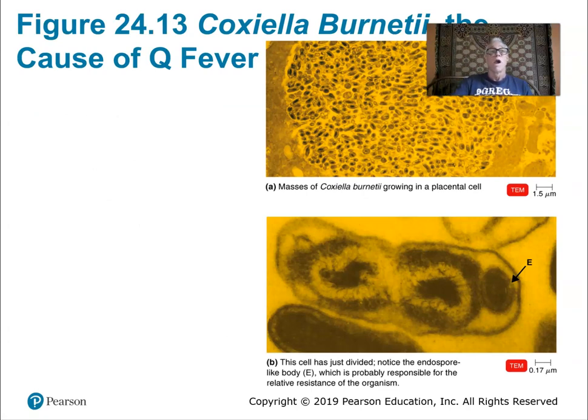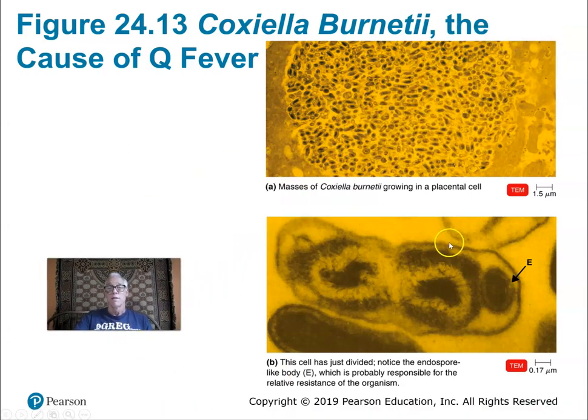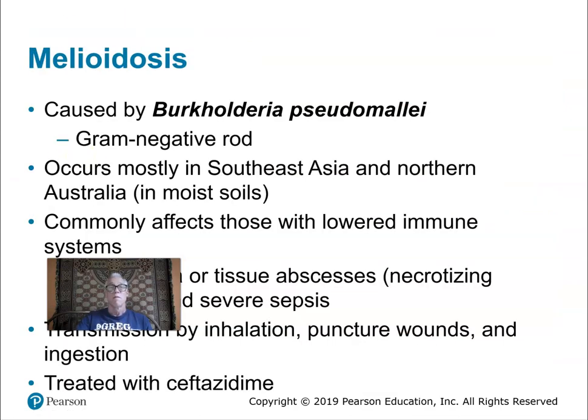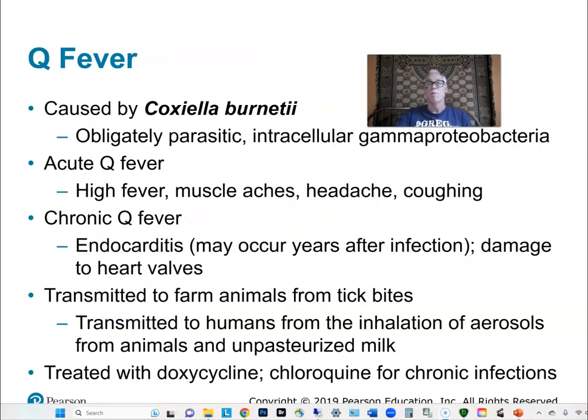Q fever. There's some Coxiella burnetii, and there you can see the endospores forming from these guys. Endospore-like body, I should say. They're not true endospores. They would have to be in the genus Clostridium or Bacillus. The reason this is brought up, it's associated with the afterbirth.